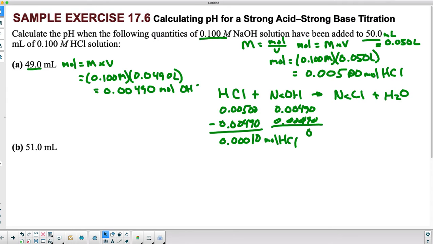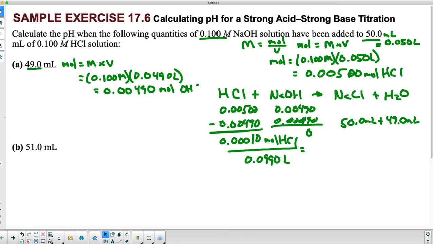The volume of the solution is additive, which means I'm adding up the 50 milliliters plus 49 milliliters to give us a concentration of this number of moles divided by 0.099 liters.